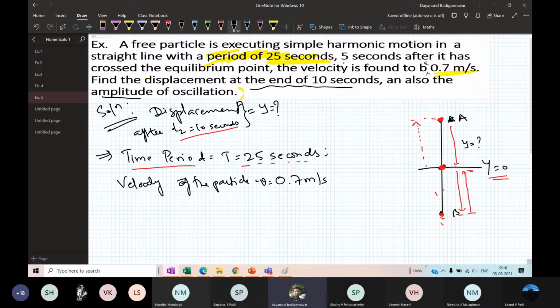This is 5 seconds after it has crossed the equilibrium. T1 equal to 5 seconds after crossing the equilibrium.